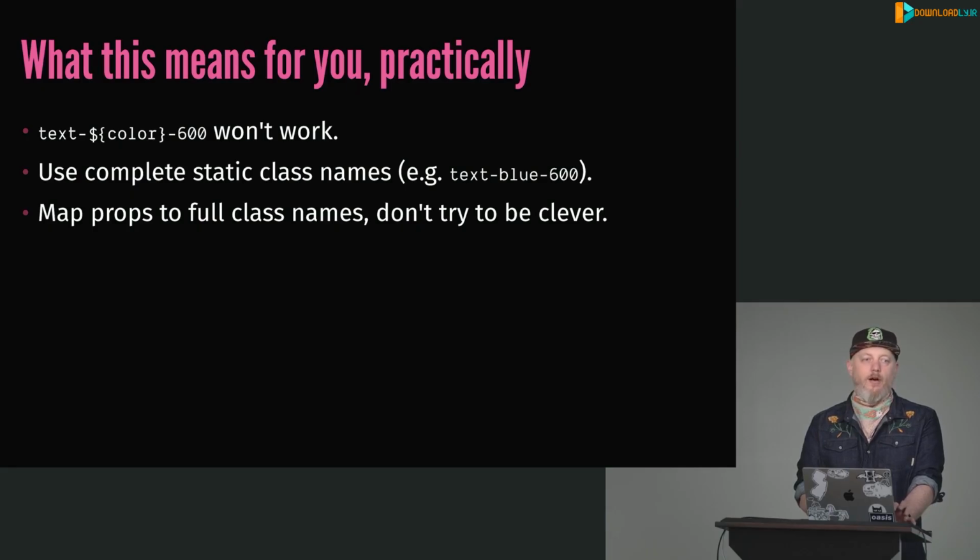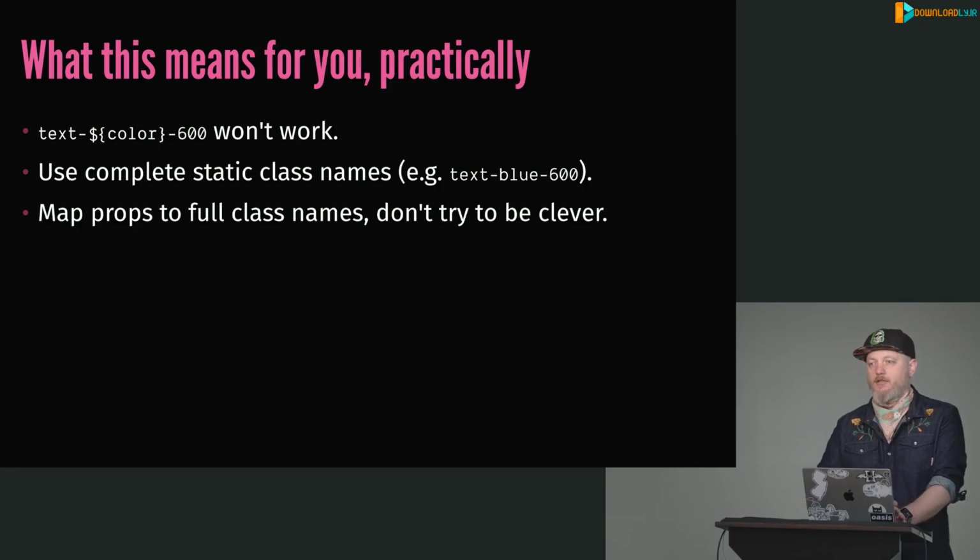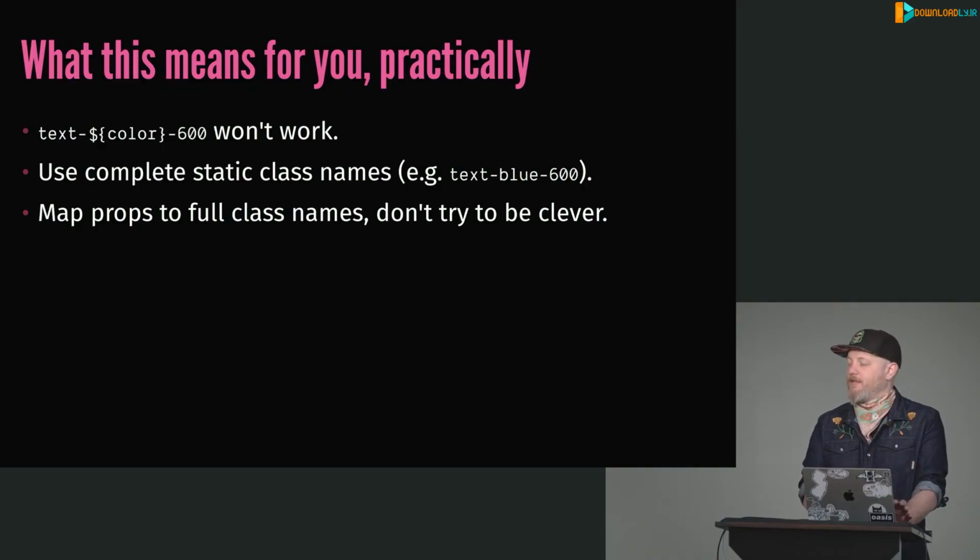If you are pulling in something from a third-party library and they're putting the classes there, you might have to tell Tailwind to allow list or safe list certain classes. That's all doable, but also really esoteric. Generally speaking, as long as you didn't try to use a template string or concatenate your way to a class, you're probably good.